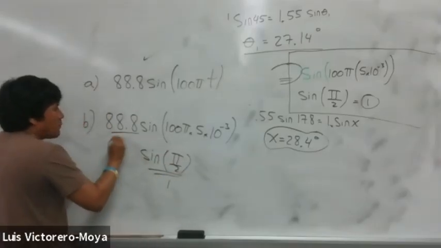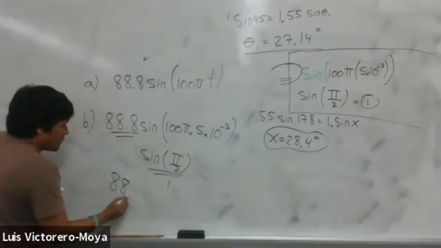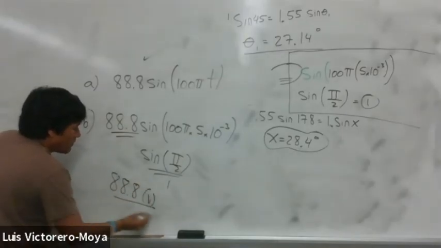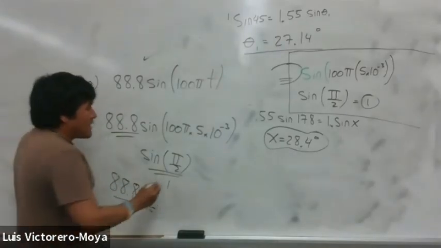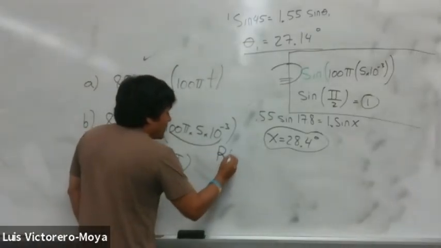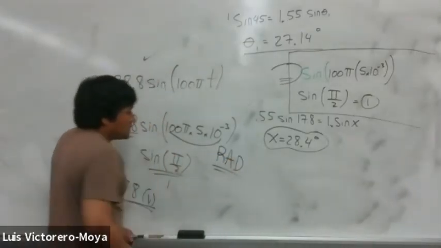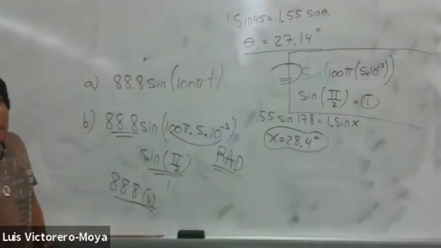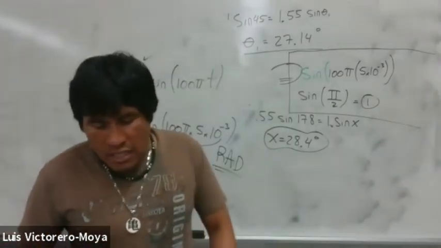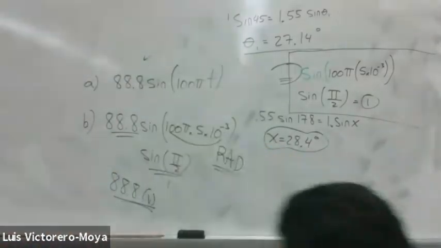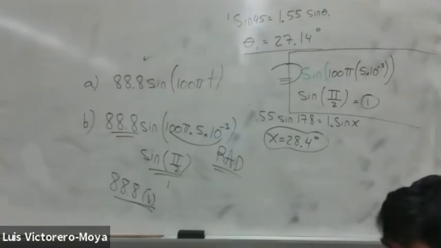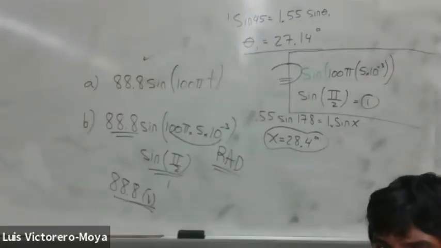What's 1 times 88.8? 88.8. So you have to leave it in radians. That's the thing. And it's not you. I think almost half the class got that mistake. But I didn't take too many points off them. Thank you. So that's how you evaluate expressions in generators, guys. You have to leave it in radians.